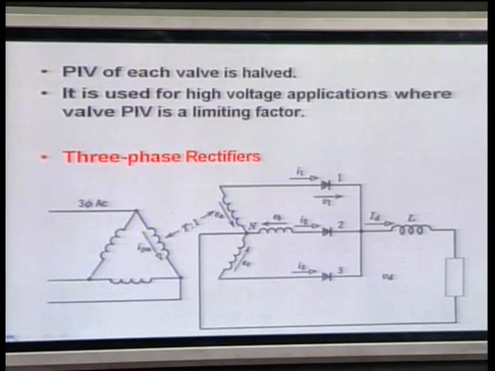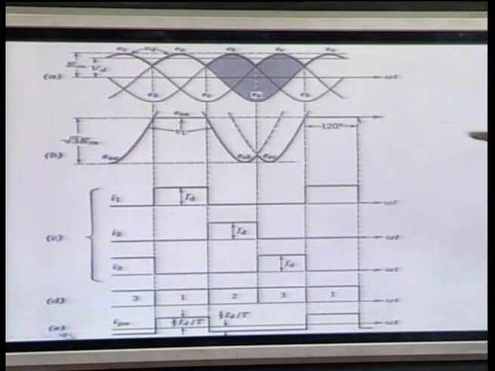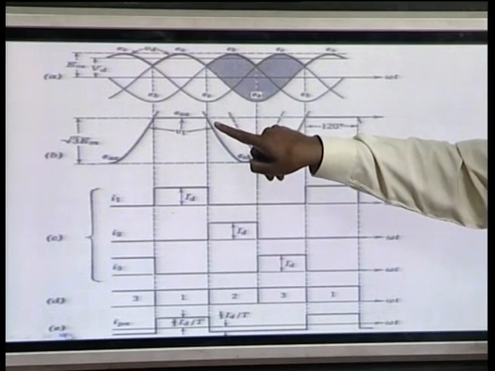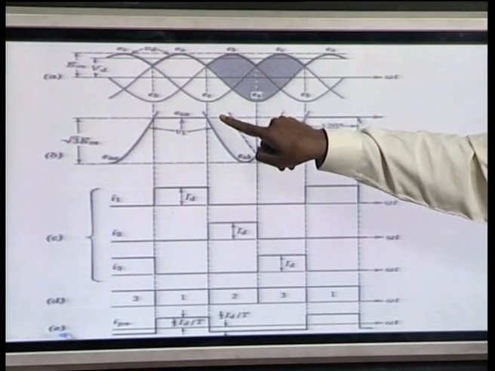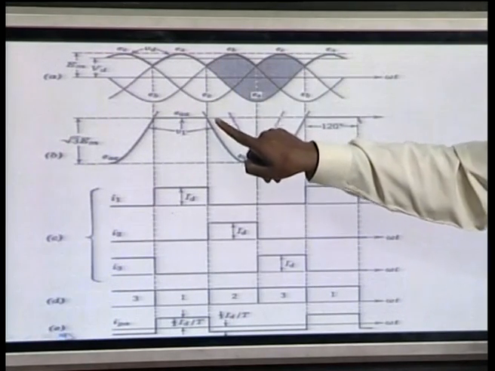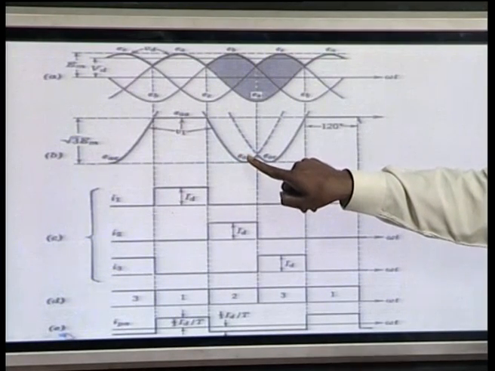If you see our wave shape, as I said, once valve 2 is conducting, the voltage across valve 1, which was 0 while it was conducting, suddenly follows EAB, because EA is on the anode side and B is on the cathode side.